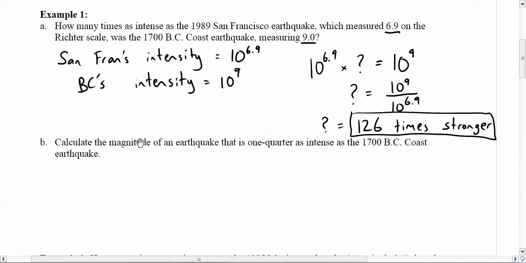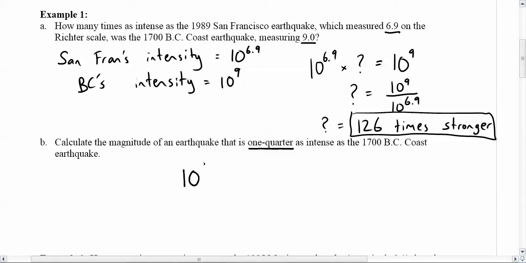So now let's find out what would be the magnitude of an earthquake that is 1/4 as intense as the BC coast earthquake. We want an earthquake that is 4 times less intense than BC. So we want the BC one to be the stronger one.